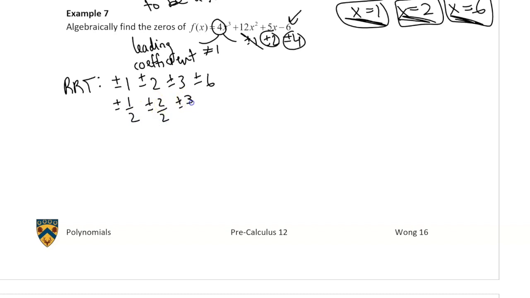So I'm going to do it a little bit overkill right now just to begin with, where I'm going to list absolutely everything. And then after that, we'll be able to see why we could have maybe done this a little bit faster. So those are all of the possible factors using the rational root theorem.